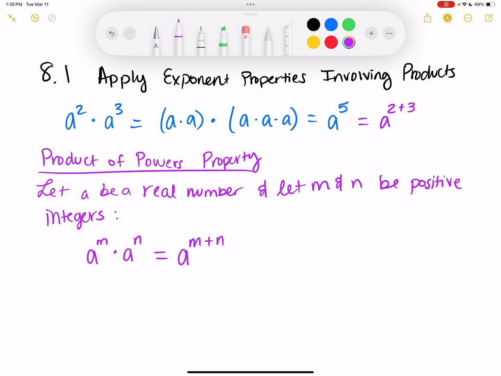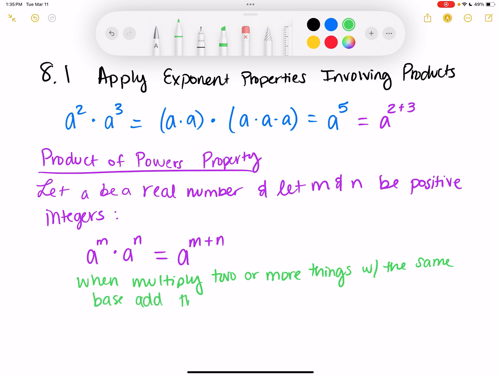So when multiplying two or more things with the same base, add their exponents together.